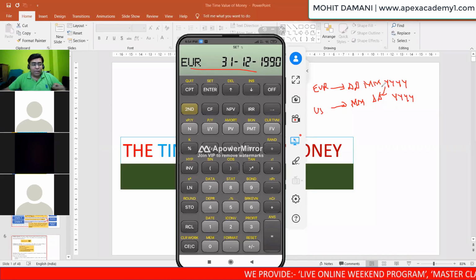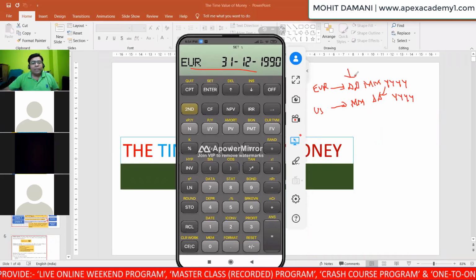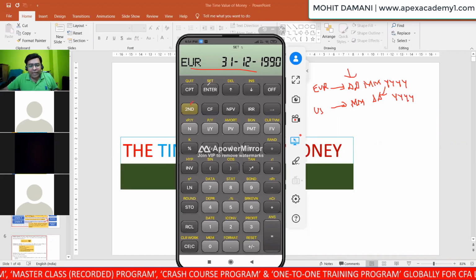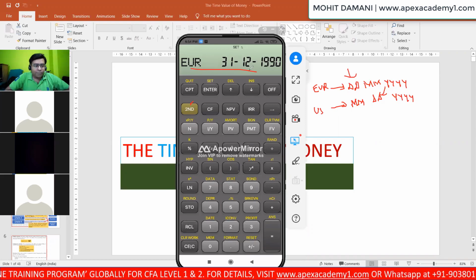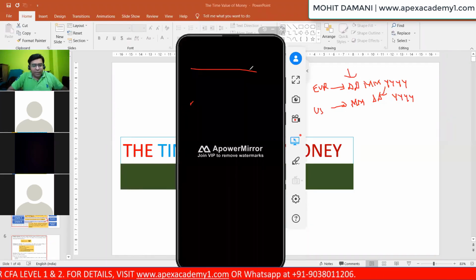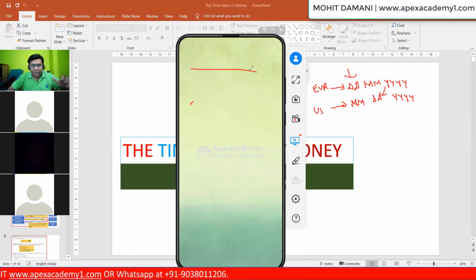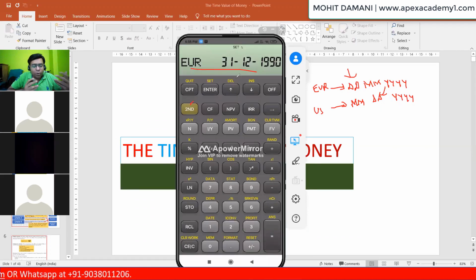But suppose I want to change my setting and I want to move into this format, then what I will do? Then you can change it by pressing second and then set. You can set your calculator to that particular format. The format that you use purely depends on how you want to go about it. Okay, I will set myself for EUR, like DDMMYY format, because I am personally more comfortable with that.